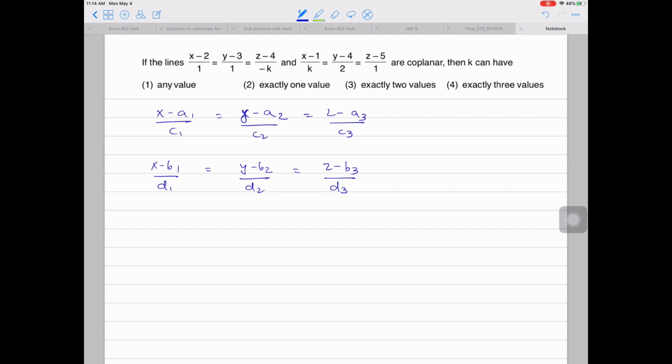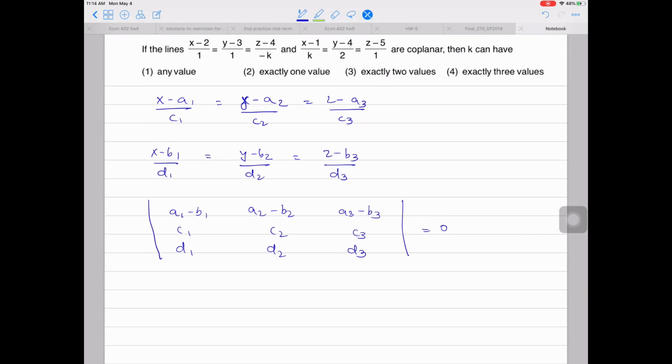And if these two lines are coplanar, it means that they lie on the same plane, which means the determinant of the matrix with rows (a1 minus b1, a2 minus b2, a3 minus b3), (c1, c2, c3), (d1, d2, d3) should be 0. And from the equation of the line, we know the values of a1, b1, a2, b2, a3, b3, c1, c2, c3, and d1, d2, d3.